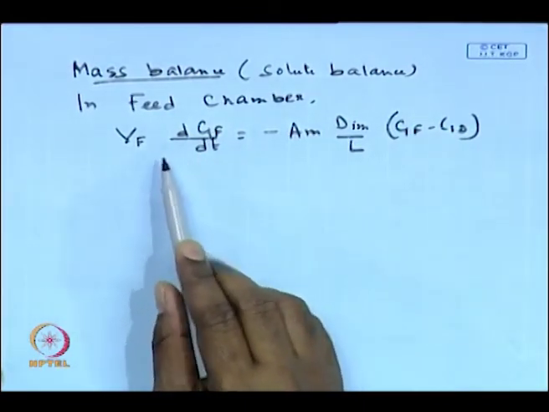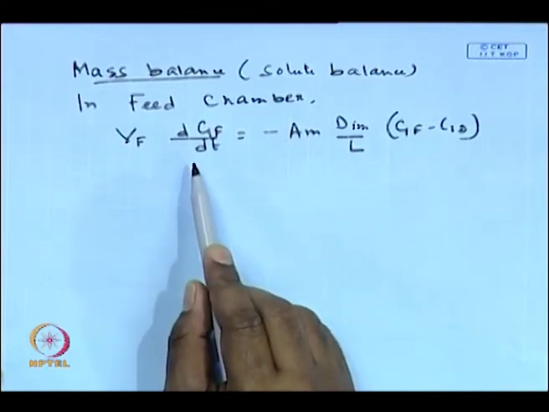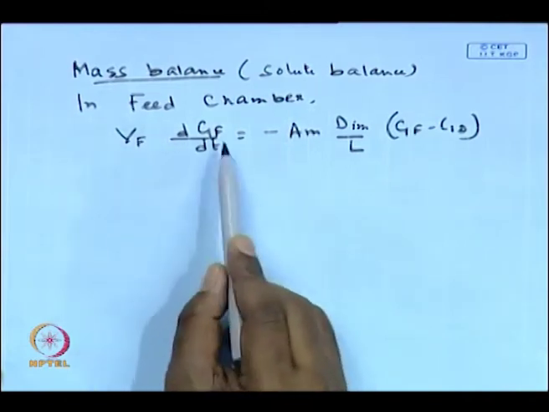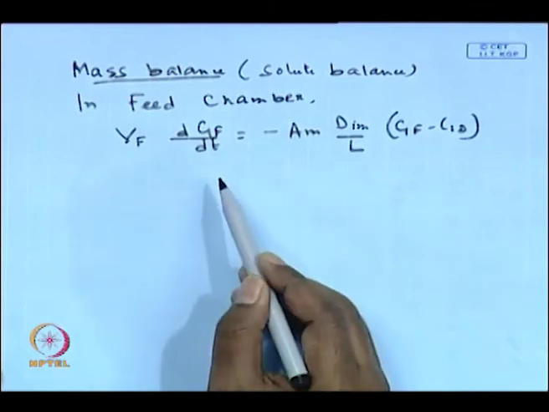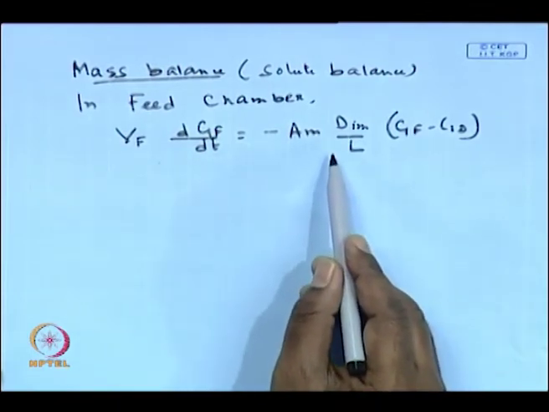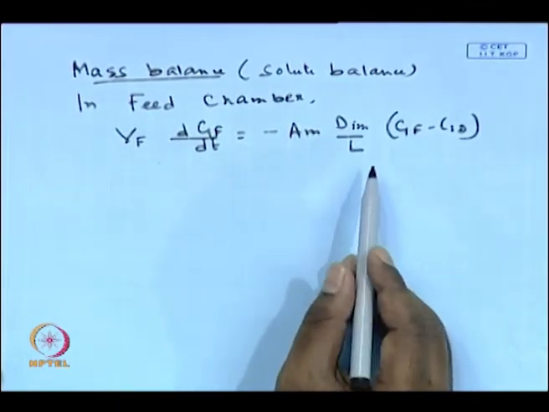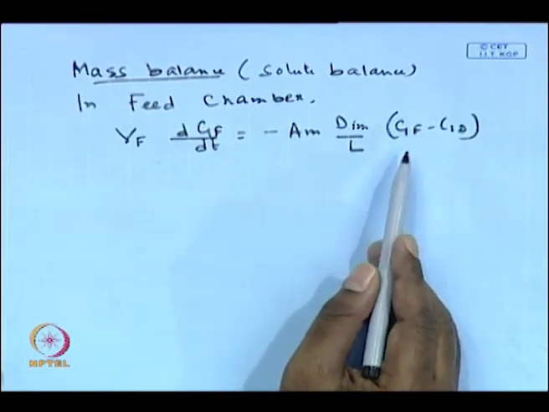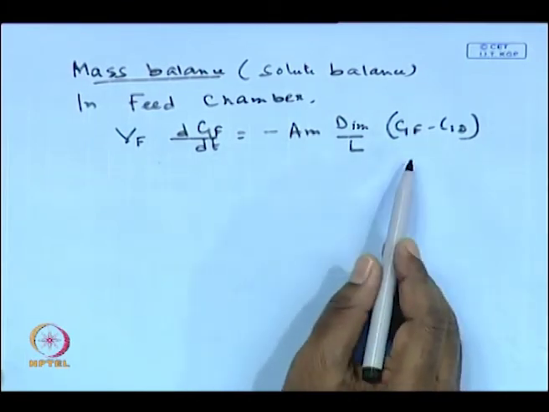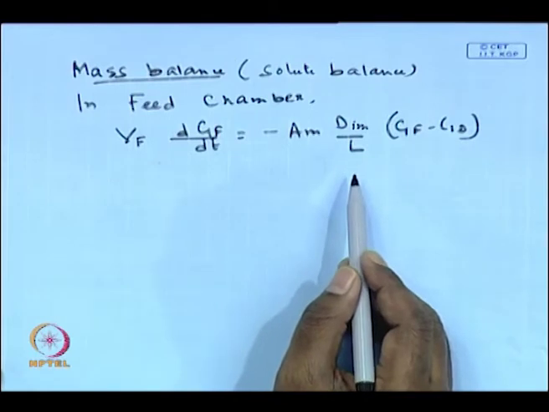So, this is the aniline mass balance in the feed chamber. The accumulation is basically negative, because in the feed chamber the amount of aniline is decreasing. C1F and C1d are the concentrations of aniline in the feed and the dialysate chamber respectively at any point of time.